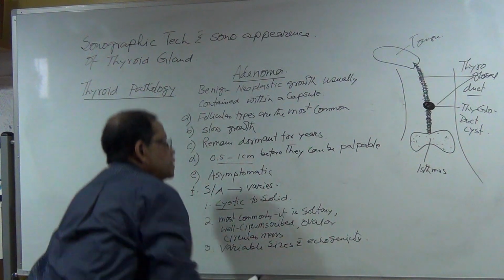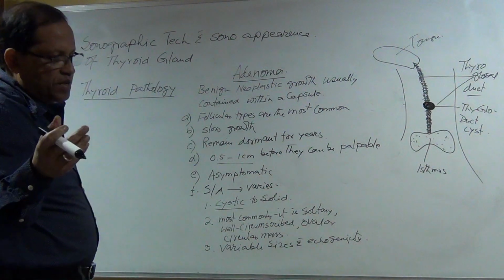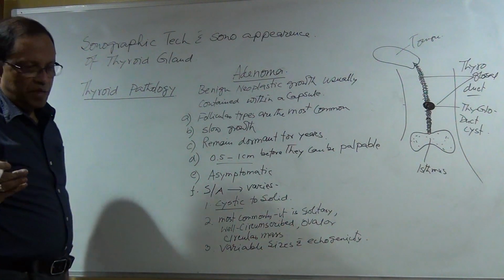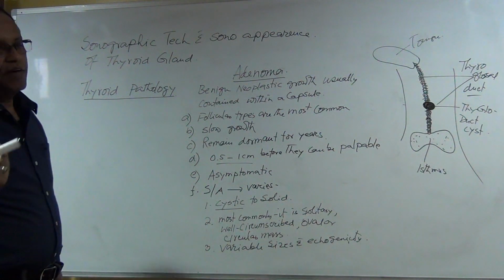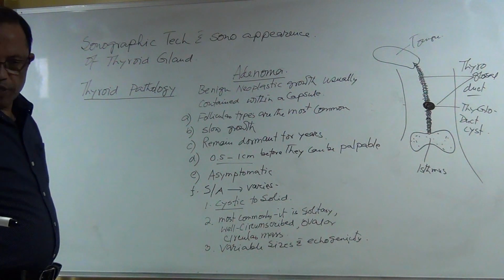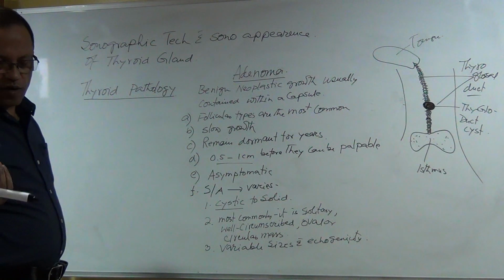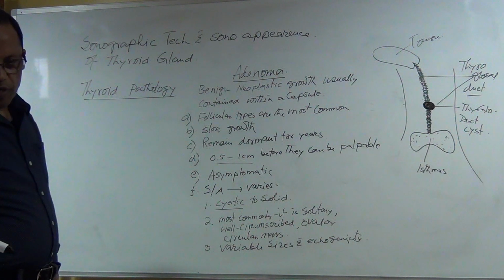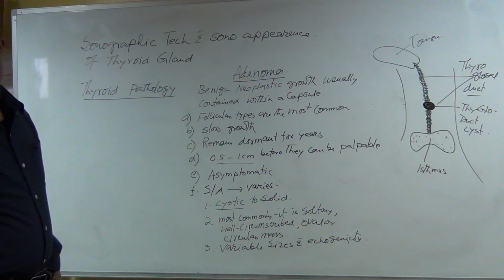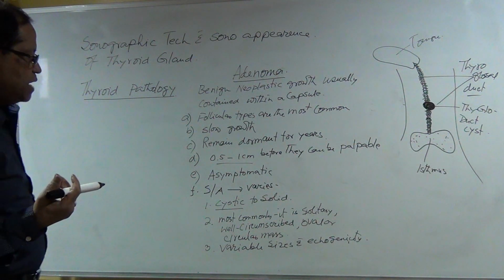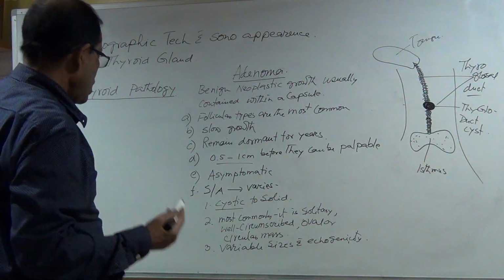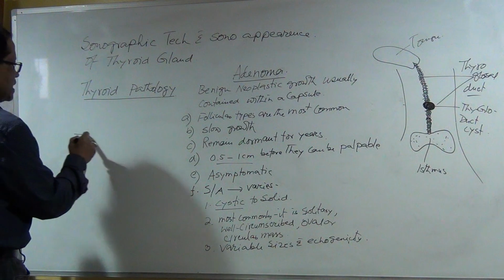So size could be different, and echogenicities are greatly variable. Someone could be anechoic, hypoechoic, isoechoic, and hyperechoic. Various types of echogenicities you will see.